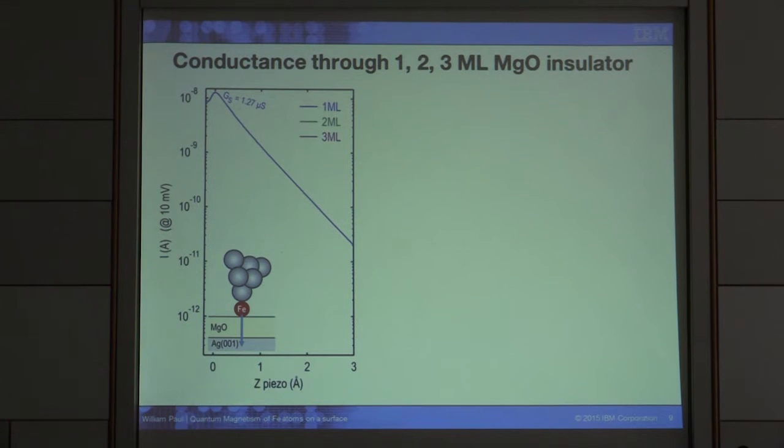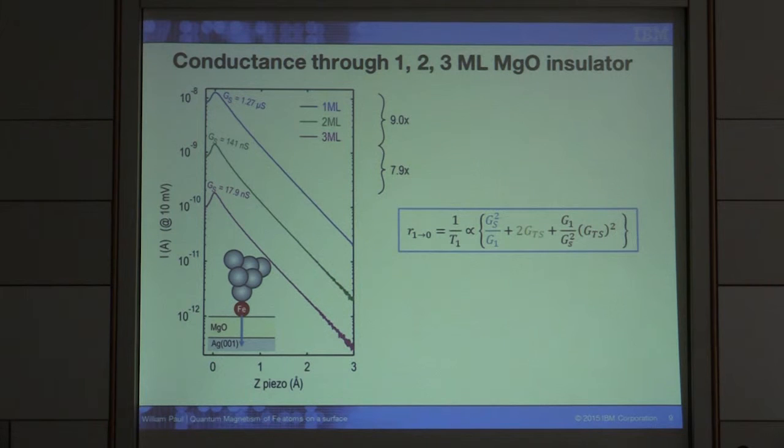We can do this on 1 and 2 and 3 monolayers, and notice that the tunnel current increases exponentially as we decrease the distance to the iron atom until it plateaus at some conductance value. We take this as an indication that 2 monolayers is 9 times more insulating than 1 monolayer. So what does that mean for the lifetime?